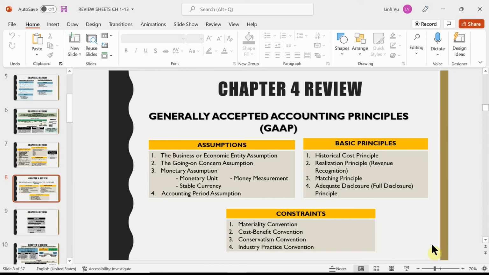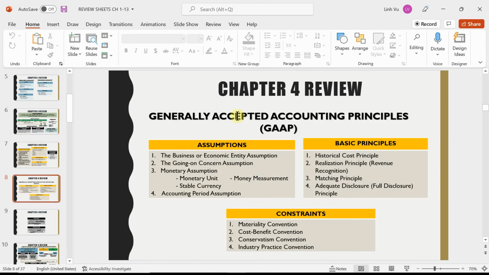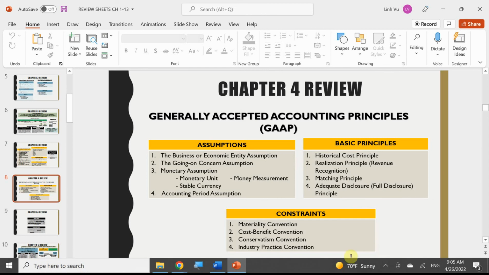Your constraints and conventions are more for managerial accounting, so you don't need to memorize them for this class. I'm not going to test you on the last 4, but I'll test you on the first 8.